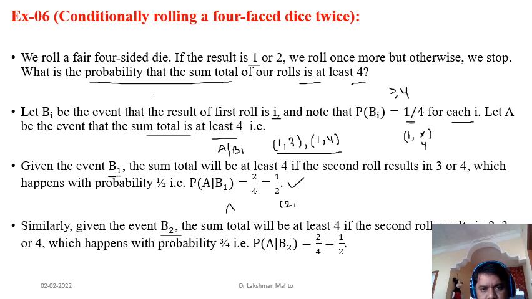Then the conditional event A given B2 would be what? In such a way, you have already got 2 in the first roll. So what are the possibilities now?